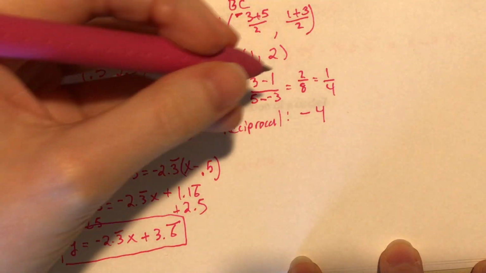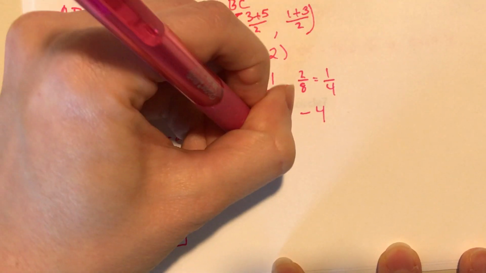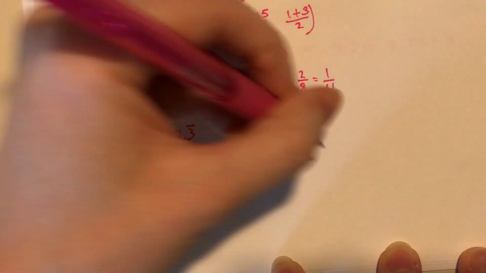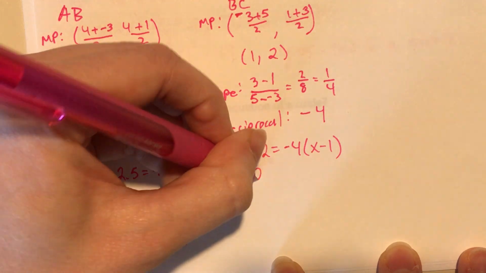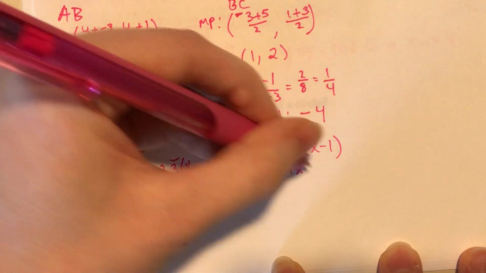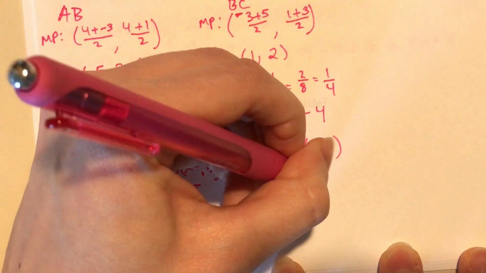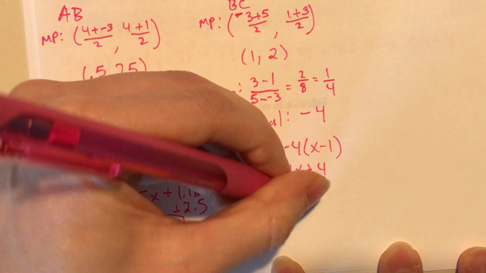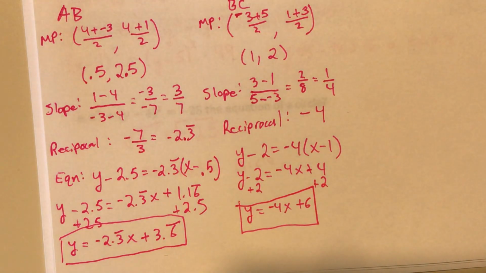So this other one is going to be y minus 2 equals your slope -4, parentheses, x minus 1. And then distribute: y minus 2 equals -4x plus 4. And then add 2 to both sides. y equals -4x plus 6. So there's your other perpendicular bisector equation.